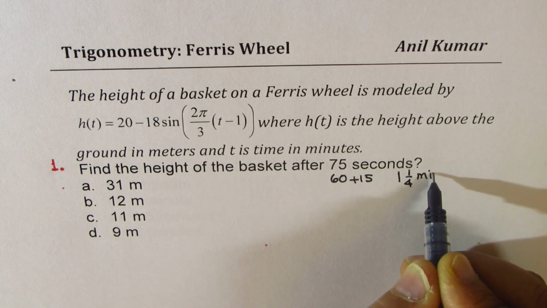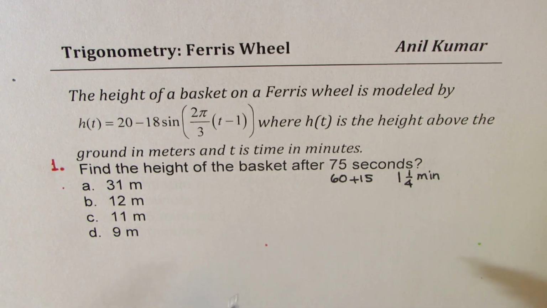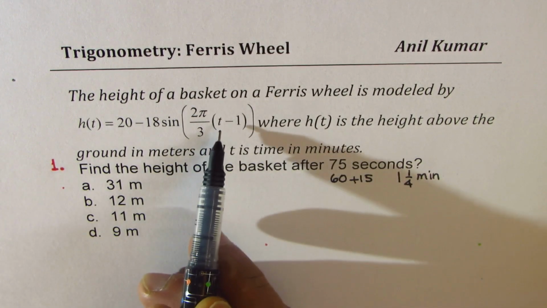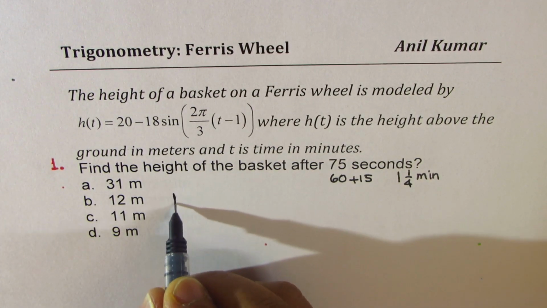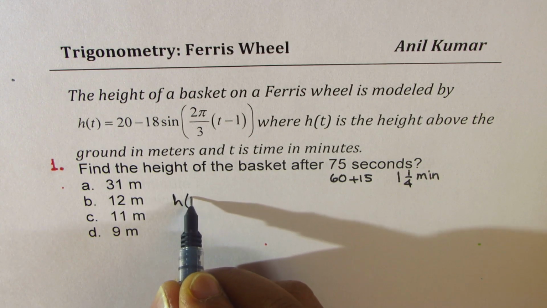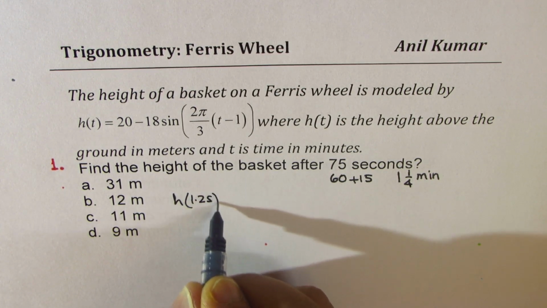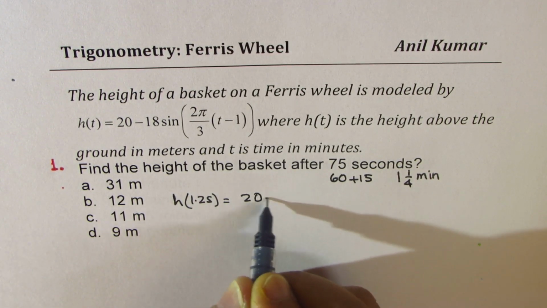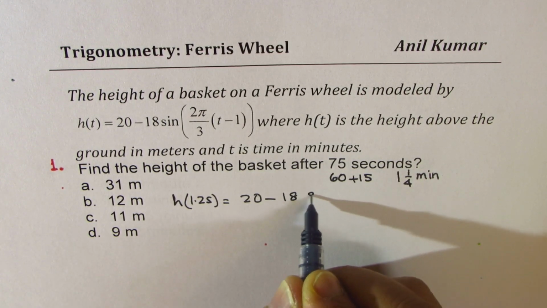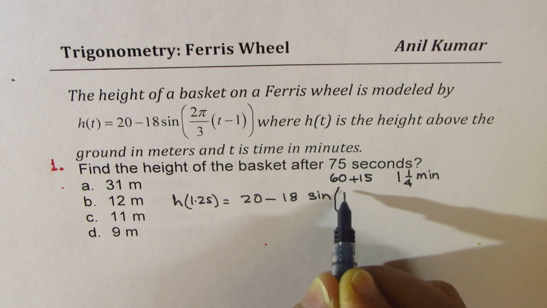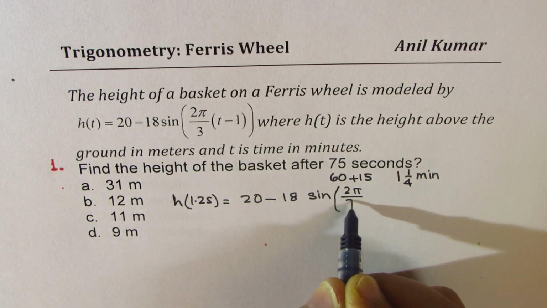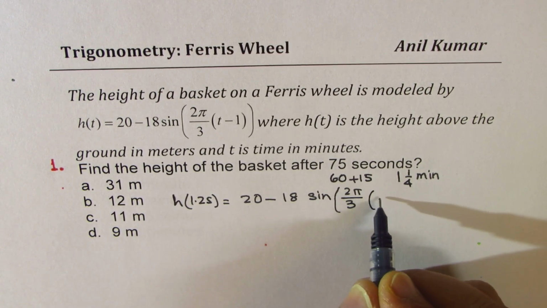So in minutes it is 1 1/4 minutes. If I substitute that for t, I get h of 1.25 equals 20 minus 18 times sine of 2π/3, and here I have 1/4 minus 1.